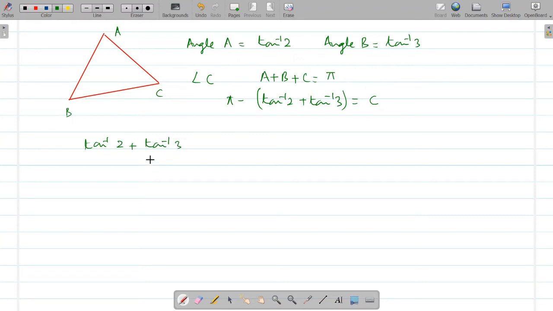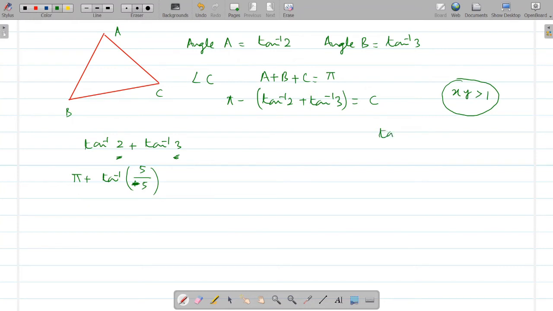Here you can see that the product xy is more than 1. When the product is more than 1 and x and y are both positive, we add pi. So I'll write pi plus tan inverse of 2 plus 3, which is 5, upon 1 minus 2 into 3, which is minus 5.